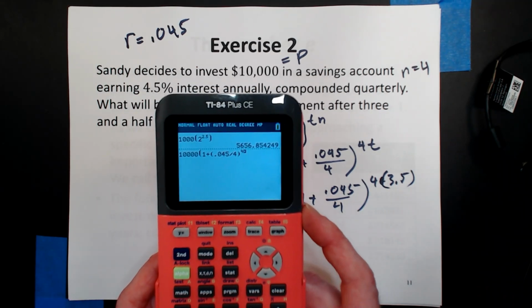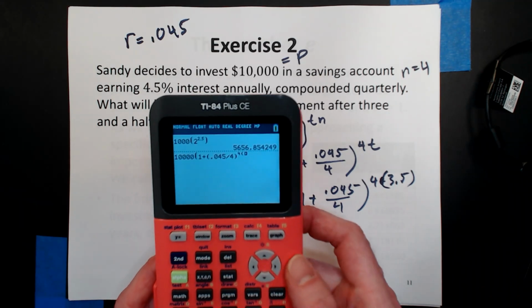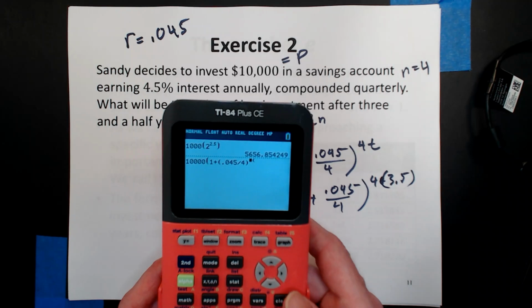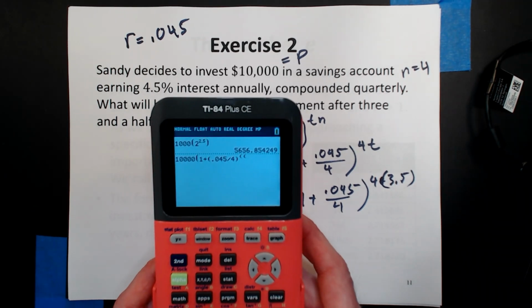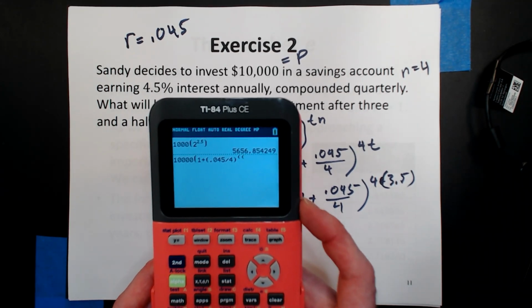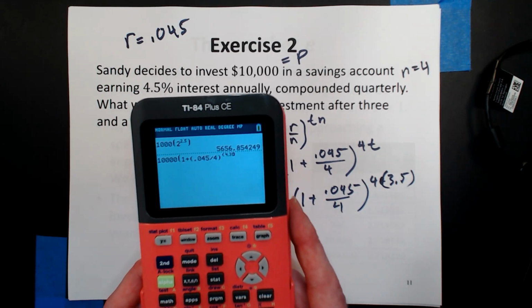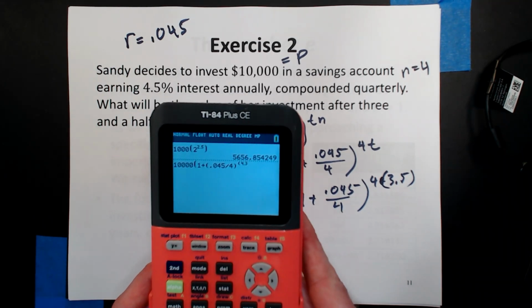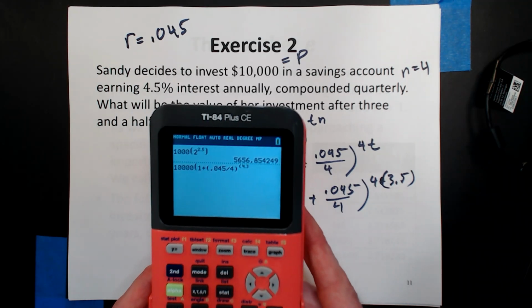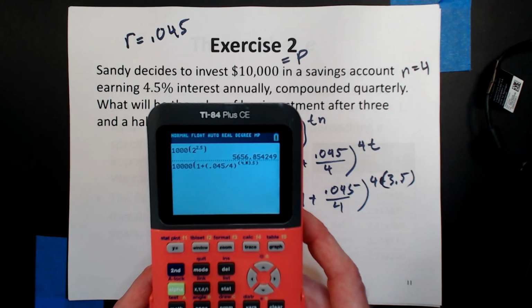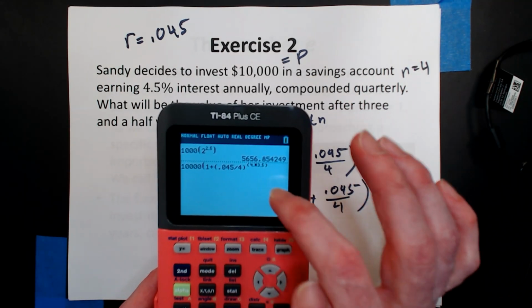If you don't have a really nice calculator, make sure you put the exponent in parentheses, because if you don't, you're going to get this whole thing raised to the fourth power, and then the whole thing times 3.5, instead of the exponent being 4 times 3.5. So you want to make sure that that is the exponent, so you have to put that in parentheses.